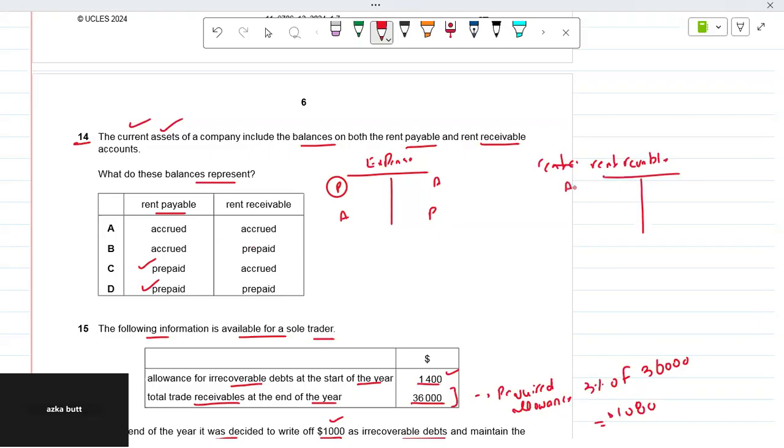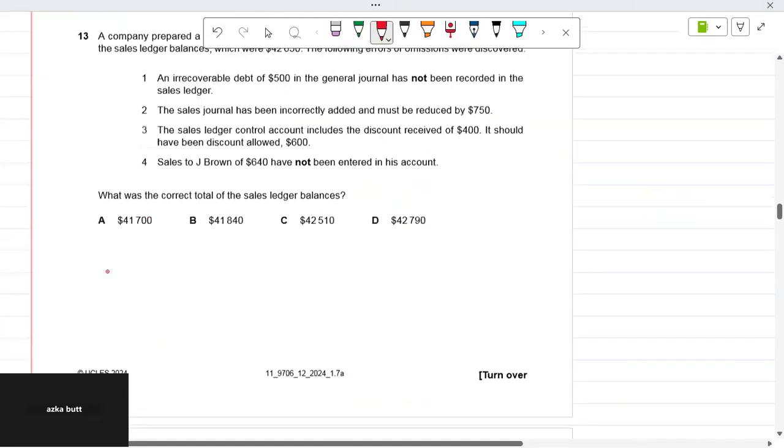For income accounts, we use the mnemonic A, P, A. Prepaid is liability, accrued is basically the current asset. It means that we have given the services, but we haven't received the amount yet. So we can claim this amount. That's why the accrued balance in the rent receivable account shows this is the current asset for the business. So this is accrued and accrued. So it means that option C is the right option.